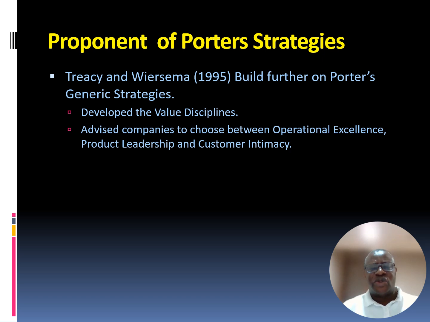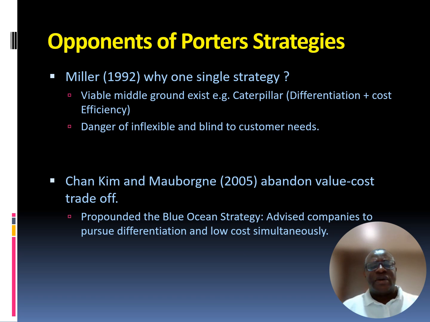So they advise companies to choose between them instead of merging them together. So they are in line with Porter's competitive strategy. Now, there are also those who do not like that, who are opponents of Porter's strategy.